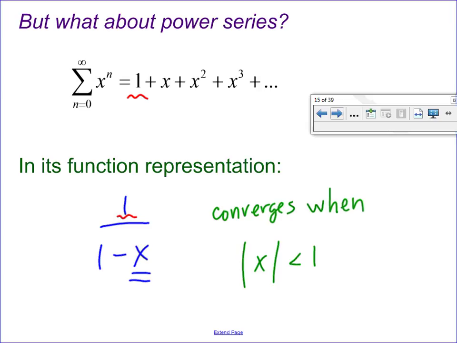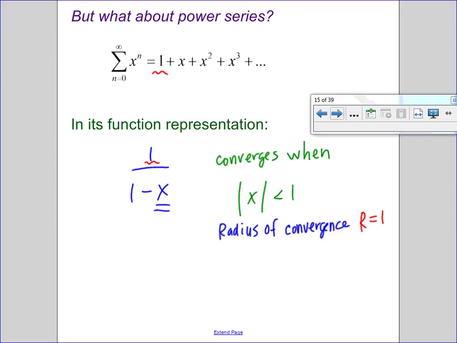So the radius of convergence here, R, is 1. Versus the interval of convergence.